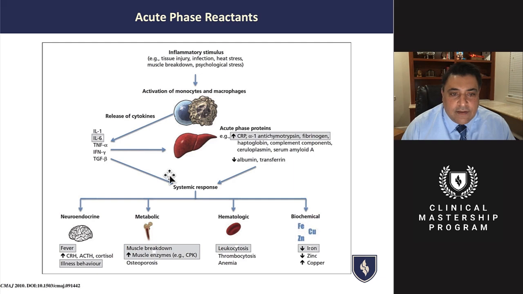Things like IL-6 and TNF-alpha are going to cause systemic inflammatory responses throughout the body. This could lead to fever when it activates hypothalamic pathways, or illness behavior. Illness behavior is like severe depression, no motivation, and muscle breakdown patterns can happen.